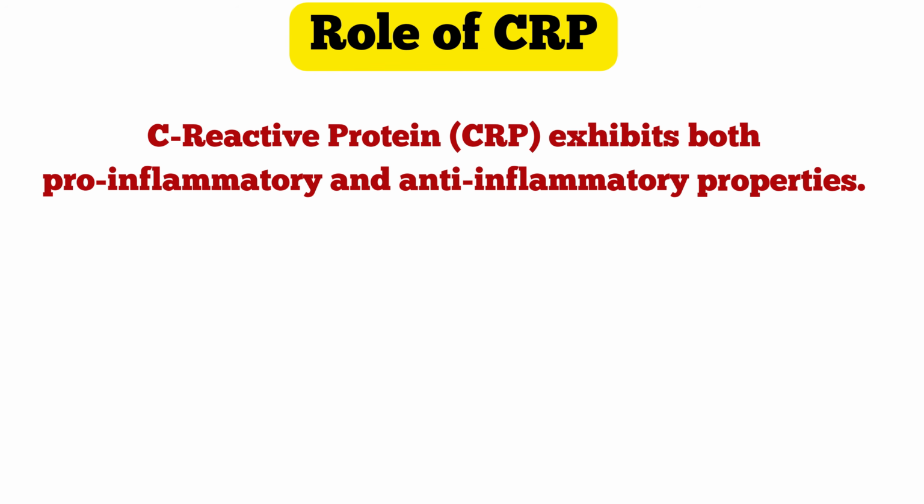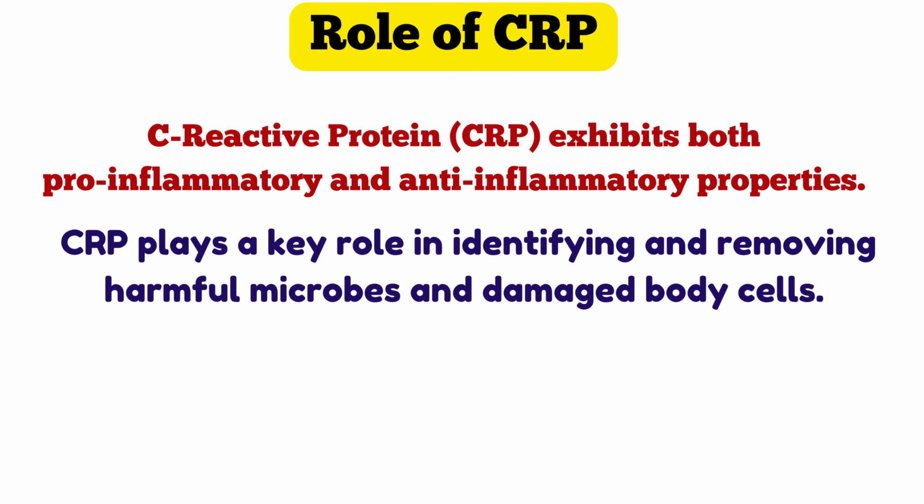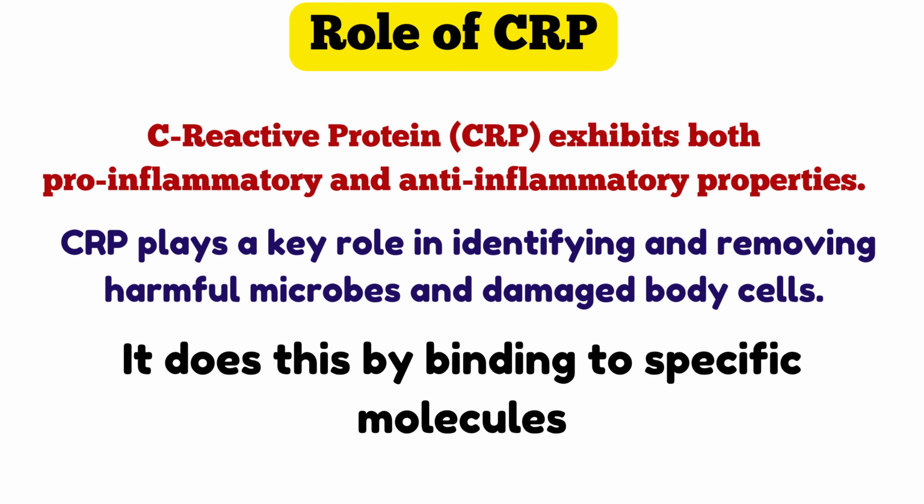So far, we have understood that the liver is responsible for producing CRP. Now, what happens after CRP is formed in our body? These CRP proteins have both pro-inflammatory and anti-inflammatory properties. They play an important role in identifying and removing harmful microbes and damaged body cells. But to perform this function, CRP needs to bind to specific receptors.